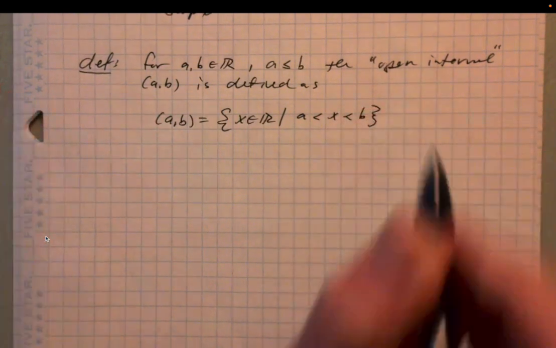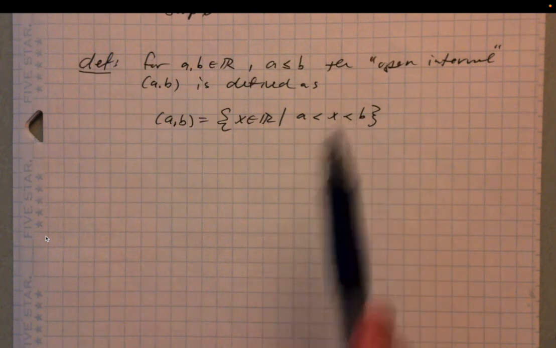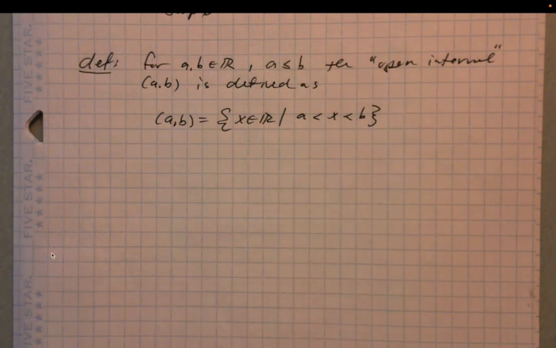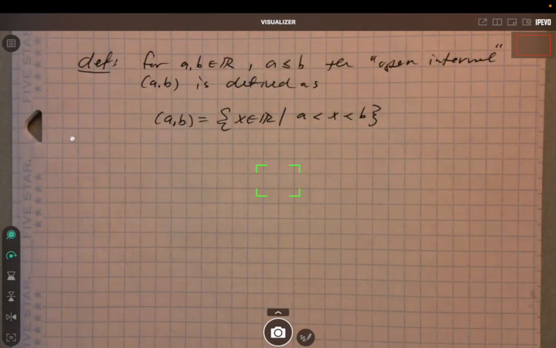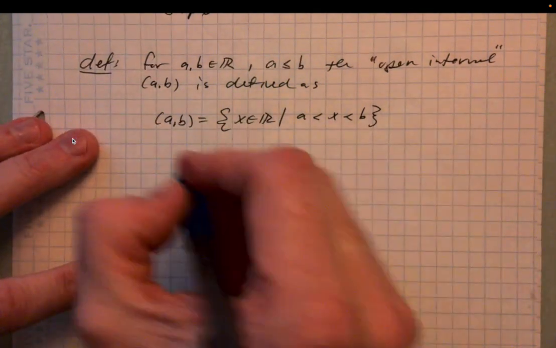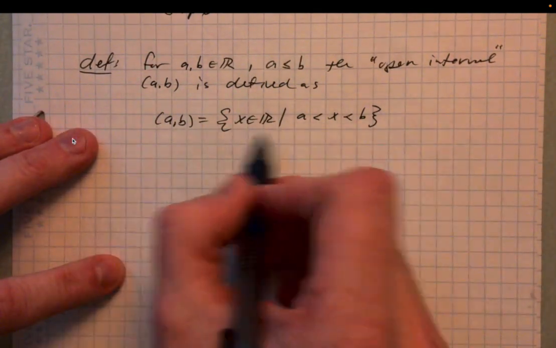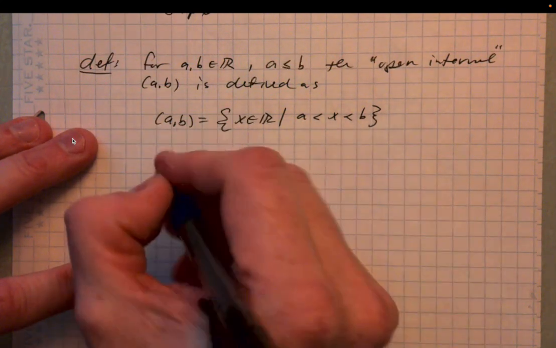We're falling back on some of the notational things that we've used up until now in mathematics, the less than symbols versus the less than or equal symbols. The open interval means a is strictly less than x, which is strictly less than b.